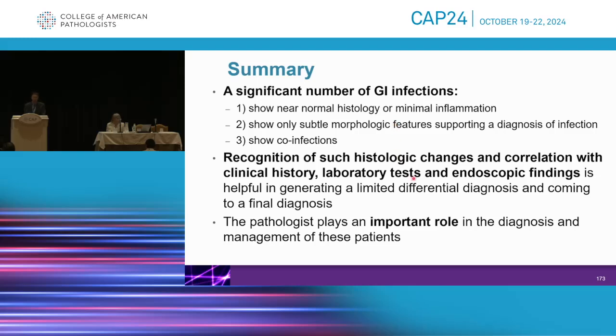And as pathologists, we need to recognize all these patterns and correlate with clinical endoscopy findings and clinical tests, to help us narrow down the differential diagnosis. We pathologists play an important role in recognizing and diagnosing all these GI infections, and we participate in the treatment by the clinical team for these patients. Yeah, thank you for your attention.